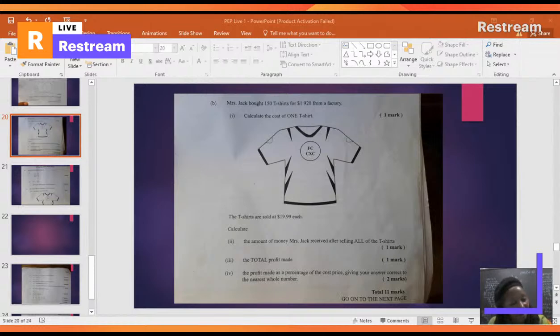Question 1, calculate the cost of one t-shirt. So she bought 150 of them for $1,920. How much did she pay for one? Let me see some answers. How much did she pay for one of those t-shirts?